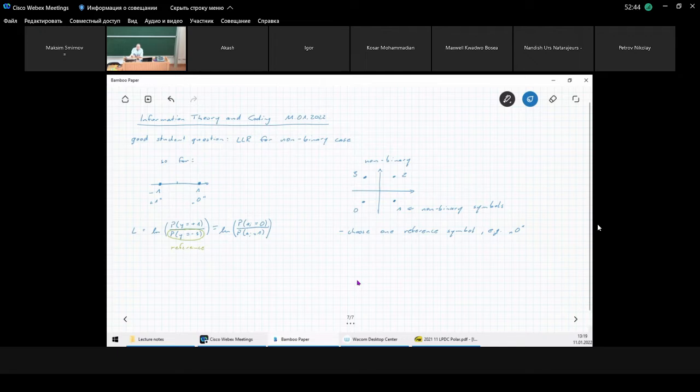Then I can basically define or calculate some more likelihoods. For example, I could calculate L1 being the ln of p of y being 1 divided by our reference p of y being 0. We will get L2, p of y being 2 divided by our reference.